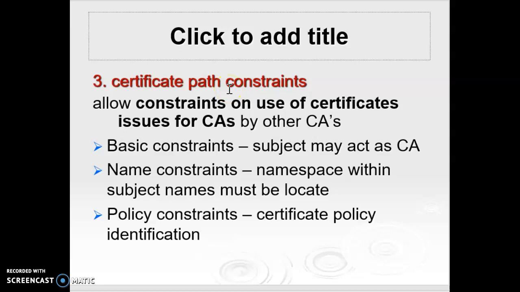These constraints may restrict the type of certificates which are used. The extensions in this area include, first, the basic constraints. Basic constraints tell you that the subject may act as a CA, that is, the certification path length constraint may be specified.